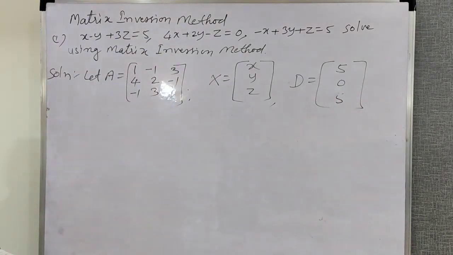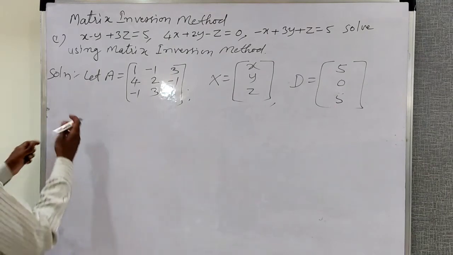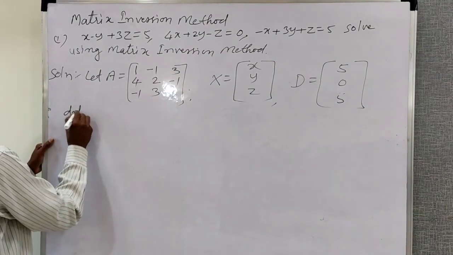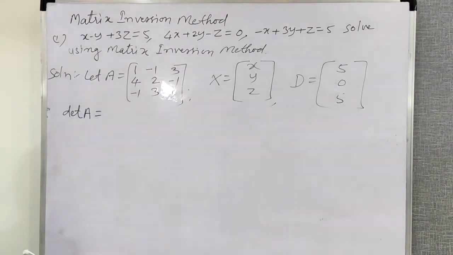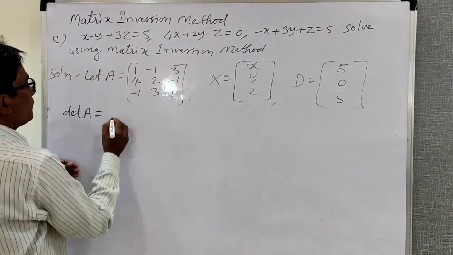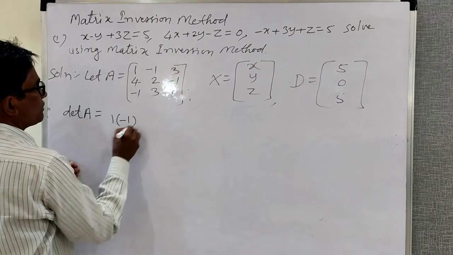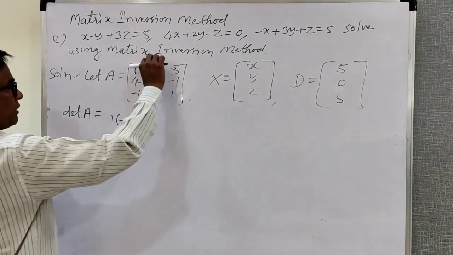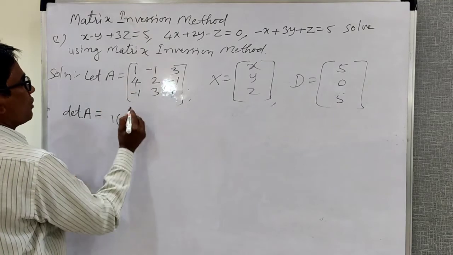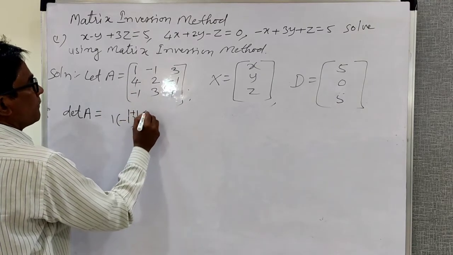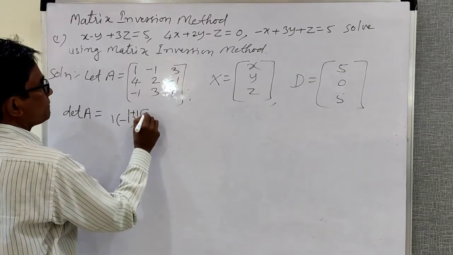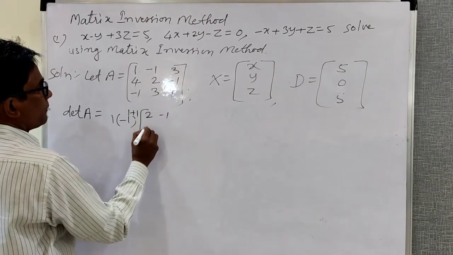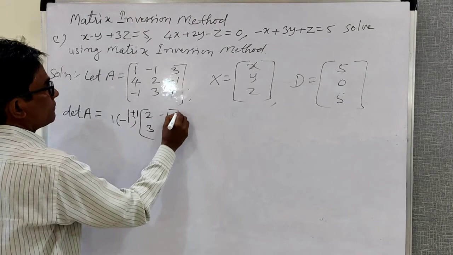So friends, first of all find out determinant of A. So what is determinant of A? That is 1 into -1 power. This one comes in first row, first column, and the cofactors of 1 are 2, -1, 3, 1.